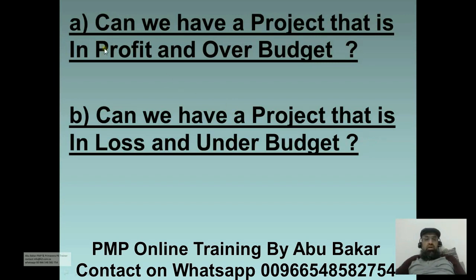Last point here, can we have a project that is in profit and over budget? Similarly, can we have a project that is in loss and under budget? Pause this video here, think about the answers, and then resume to know the answer.